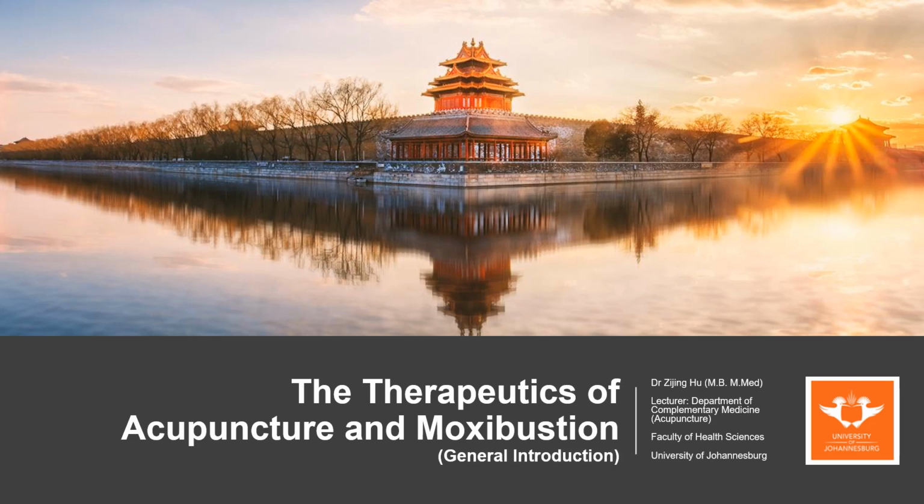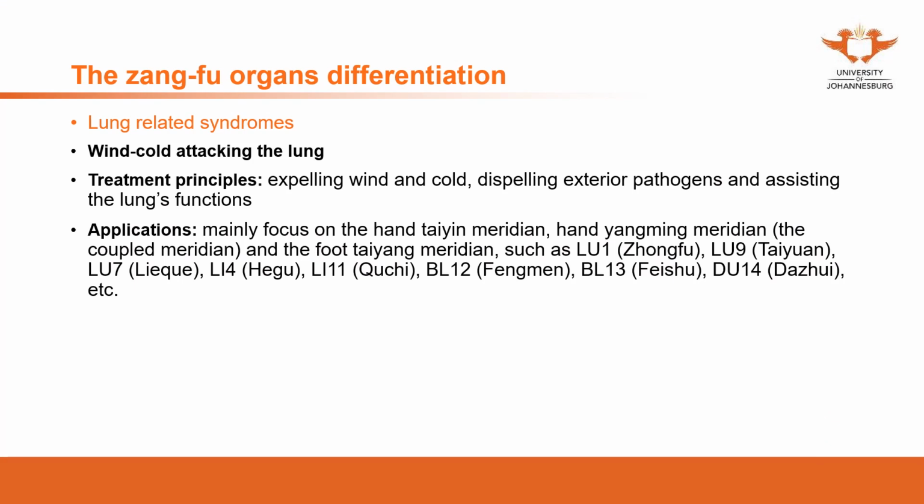In the lung, the patient may present as cough. In the stomach, the patient may present as poor appetite, vomiting, nausea. So in order to locate the area, we need to focus on the 脏腑 differentiation. The 脏腑 organ differentiation, we're going to discuss one by one, but more specifically, we're going to focus on the 脏 organs because our theory will be based on the 5 脏 organs.